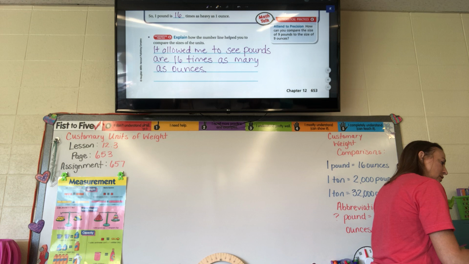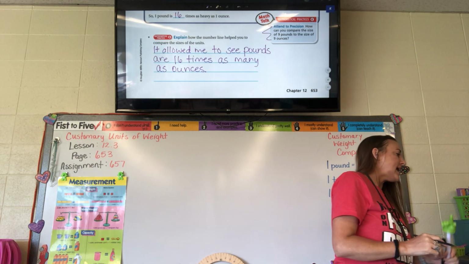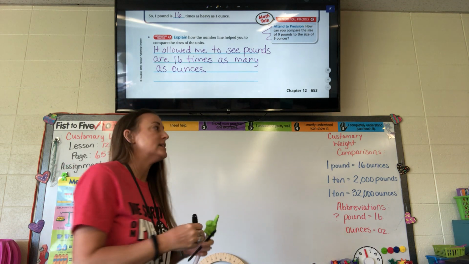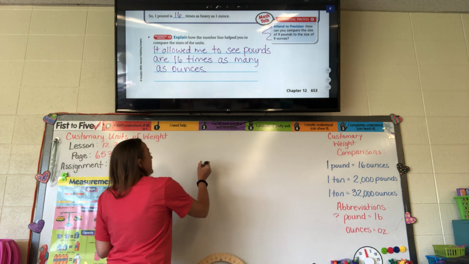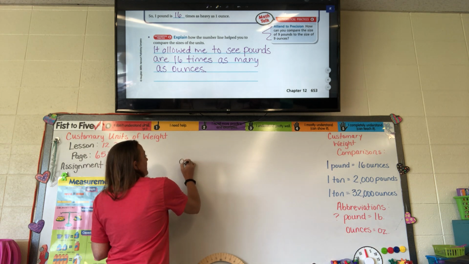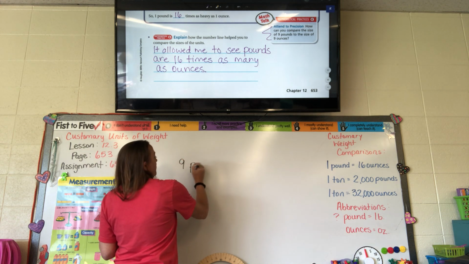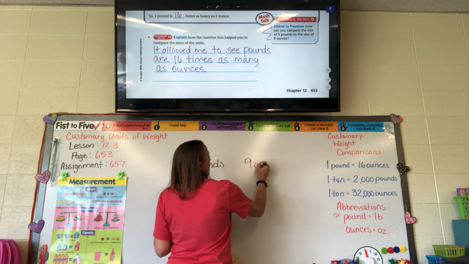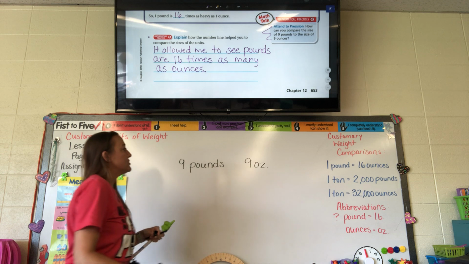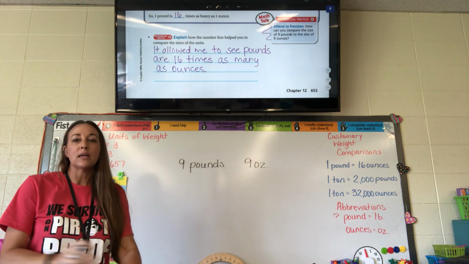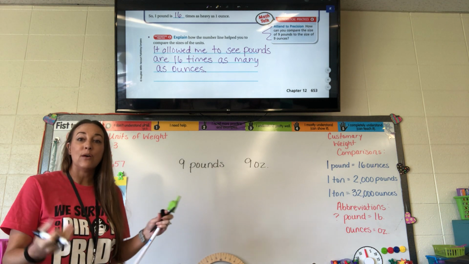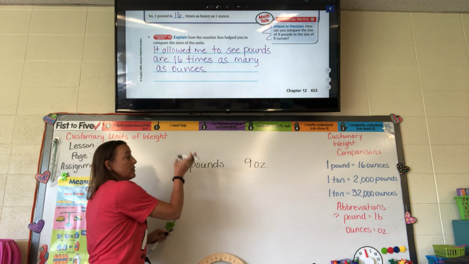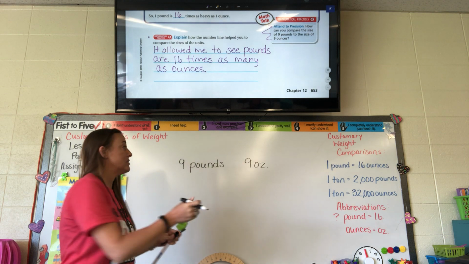It wants you to know how you can compare the size of 9 pounds to the size of 9 ounces. So, 9 pounds and 9 ounces. Okay, so you can compare that by turning pounds into ounces. Remember, we want to go from the big unit to the smaller unit because that allows us to multiply.